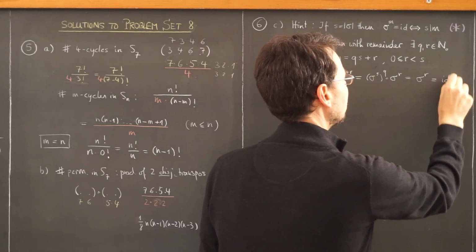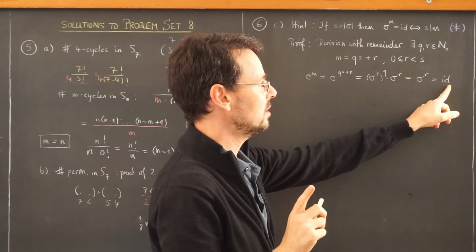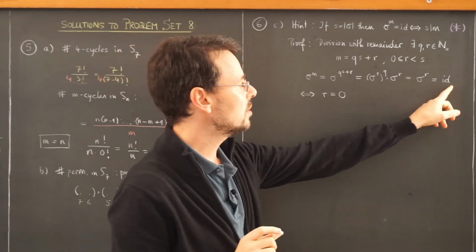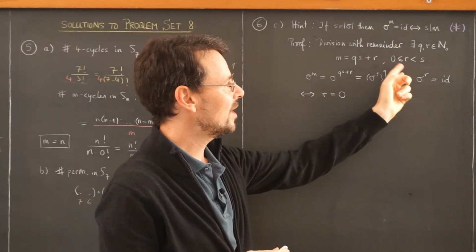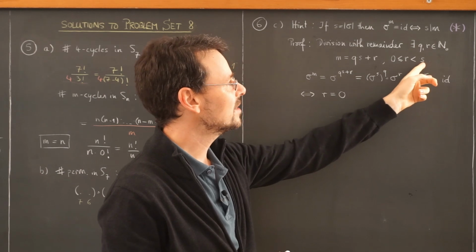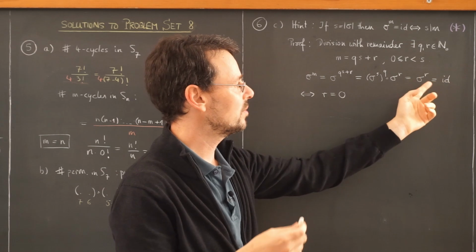Now, if I assume that this here is indeed the identity, this is only possible if r is 0. Why? Because r is less than s, because s is the smallest number with this property here.